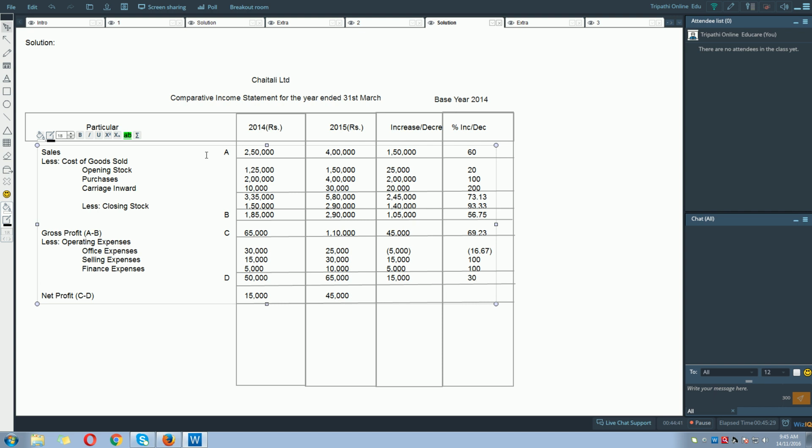Selling expense, there is an increase of 15,000, 100%. Finance expense, there is an increase of 5,000, again 100%.